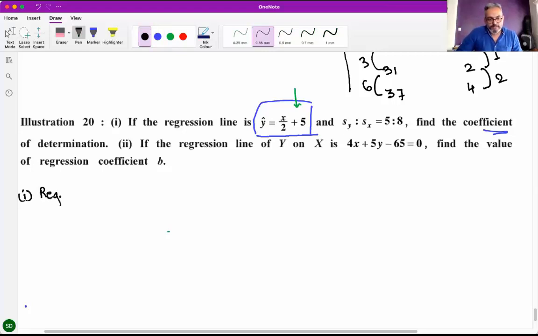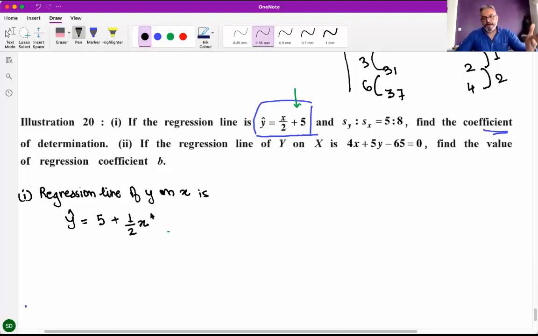Regression line of y on x is y cap is equal to, now I'll write differently, I'll write 5 plus x by 2, which can also be written as 5 plus 1 by 2x, which is same x by 2.